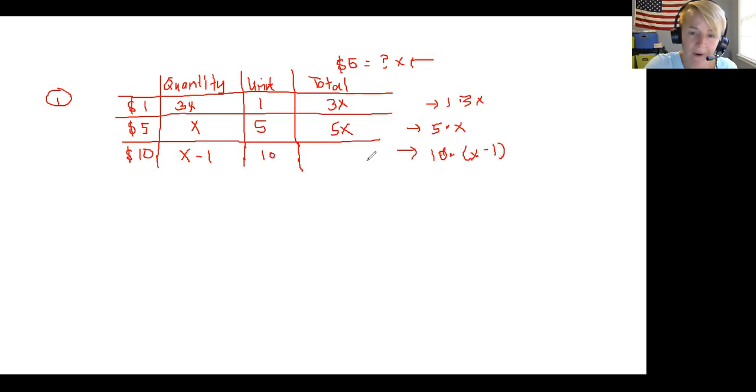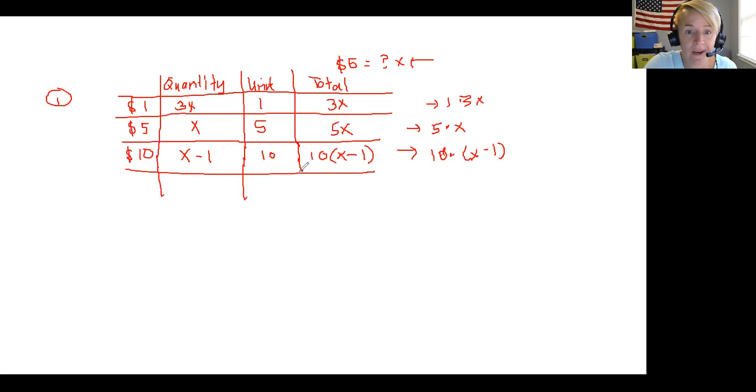So I can just rewrite that. I'm just making it look better. And I'll put my parentheses in. And that's as best as I can do. I can't really combine it any other way because what's inside the parentheses is an x minus 1, so I can't clean that up. And then the last one is my 20s. It says, and the rest 20s.